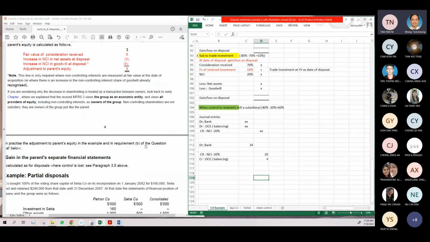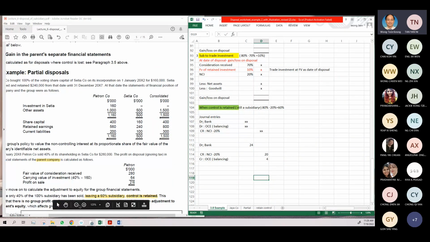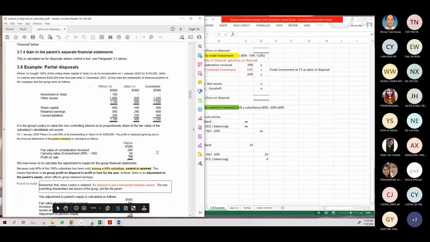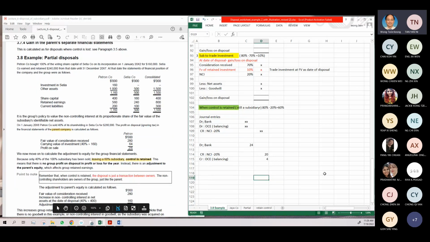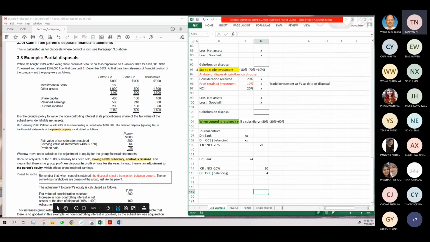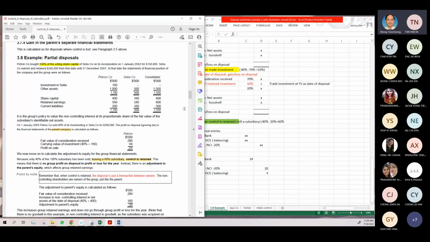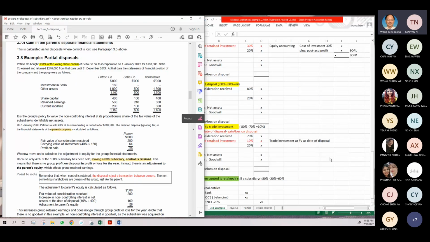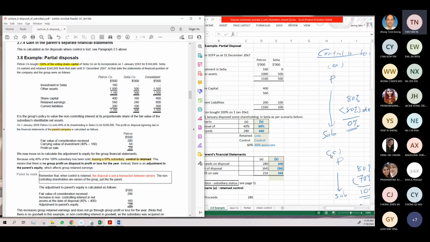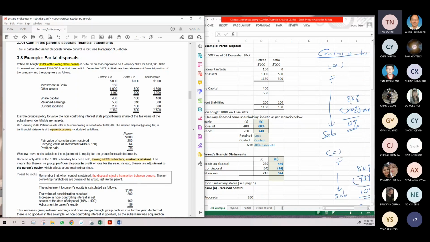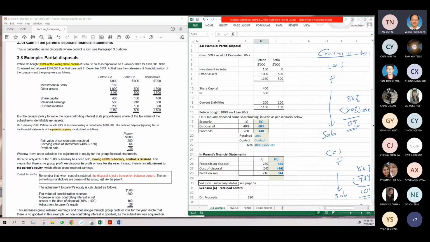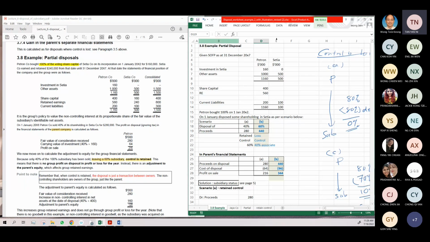Okay, then the easier way to understand better is to do some questions. So example 3.8 here. Petrol company bought 100% share capital, so we can write here. So we write it down so we can understand better.